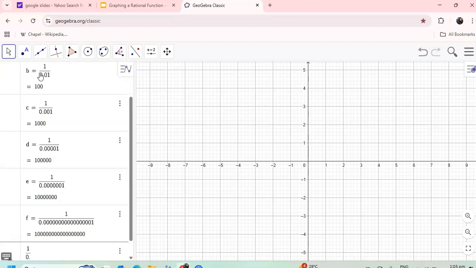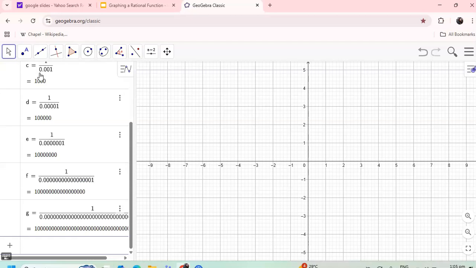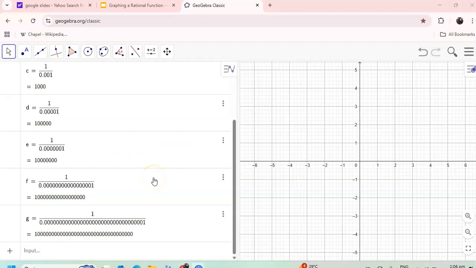Again, it gets bigger and bigger, and then eventually there's a sensation of blowing up. Therefore, we can say that as the denominator becomes very small, the values get very large, approaching the idea of positive infinity.